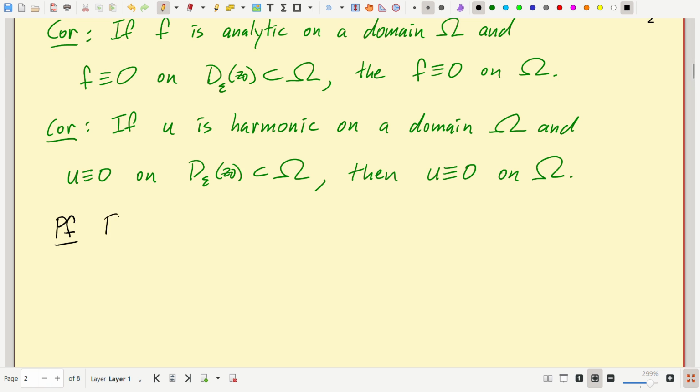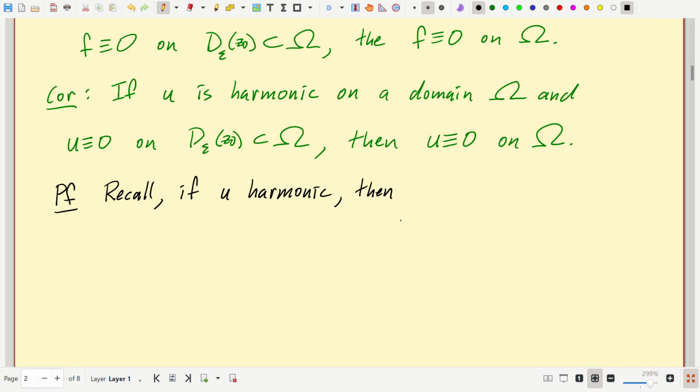So recall, if U is harmonic, then when you define a function, let's write it like this, capital F of x plus iy, I take du by dx in the real part, and I take minus du by dy in the imaginary part, is analytic.